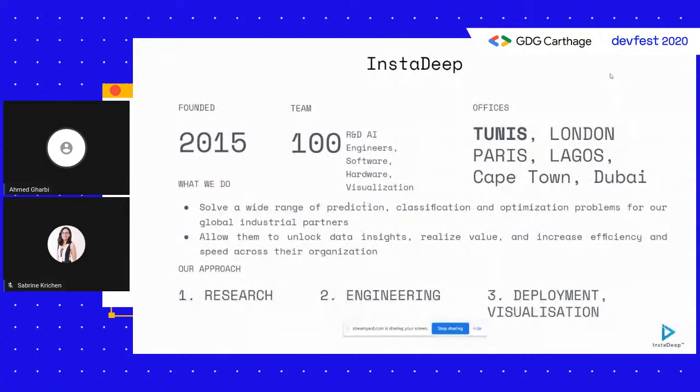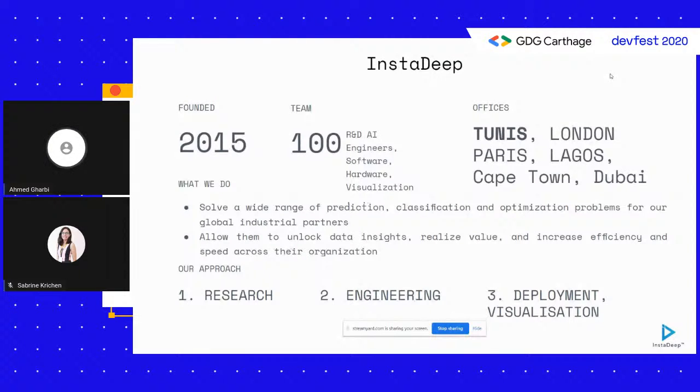Okay, so InstaDeep is an African AI startup that was founded in 2015 in Tunisia. Now it has 7 offices around the globe and more than 100 employees. So InstaDeep helps its industrial partners to deploy state-of-the-art AI solutions.